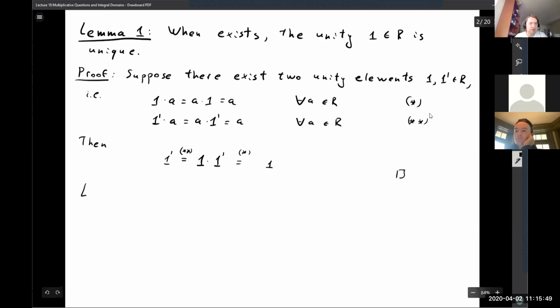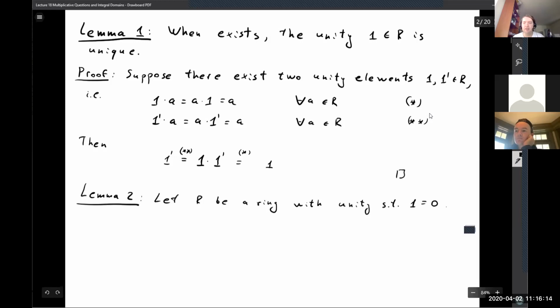Now, lemma 2 would be the following. Again, let R be a ring with unity such that this unity equals 0.